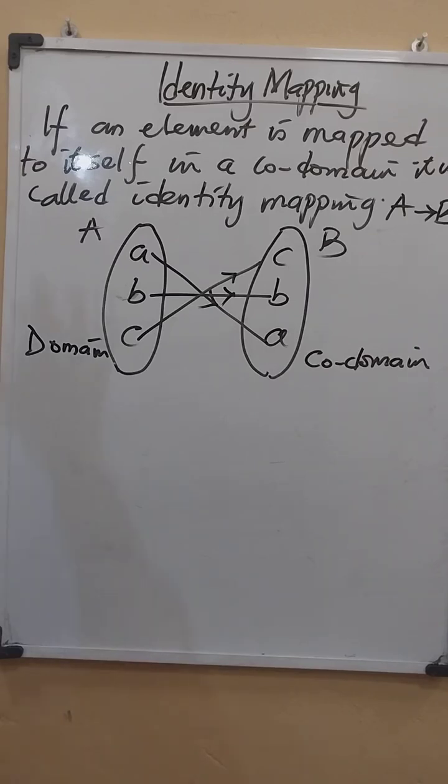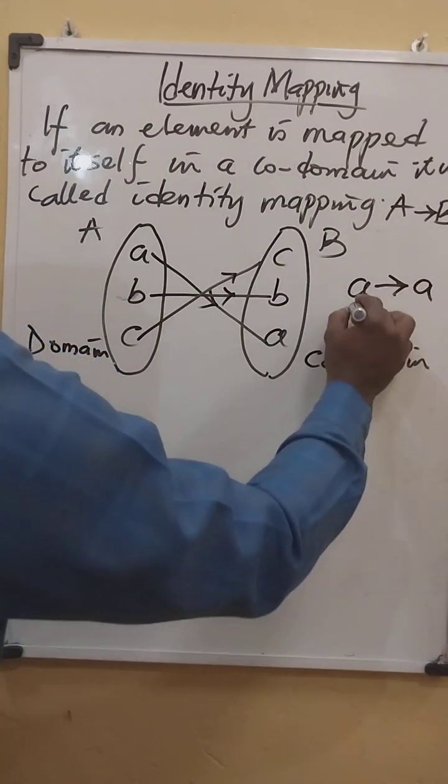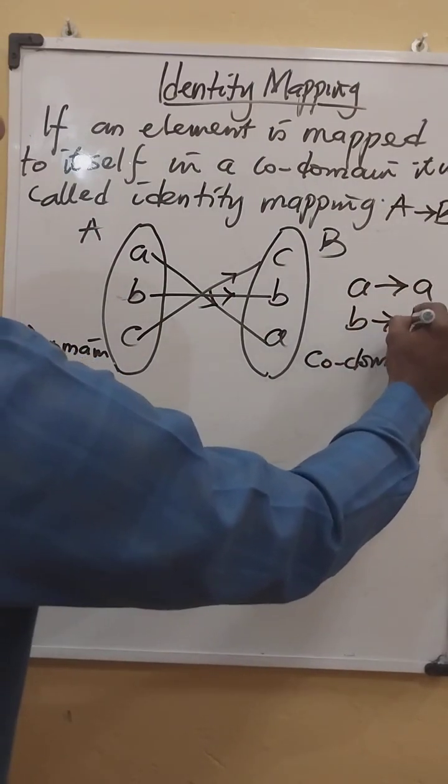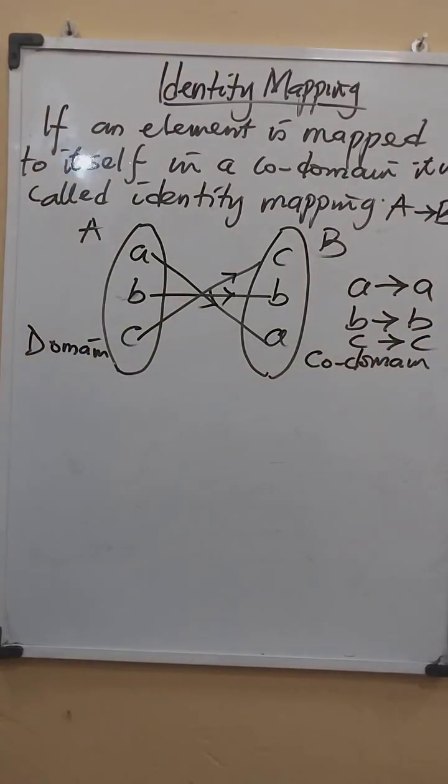So the words there, I've already told you how the mapping will be done. In this case, it is this way: A mapping A, B mapping B, and C mapping C. Unlike the other cases where A will be mapping B and C will be mapping A, the other way around.